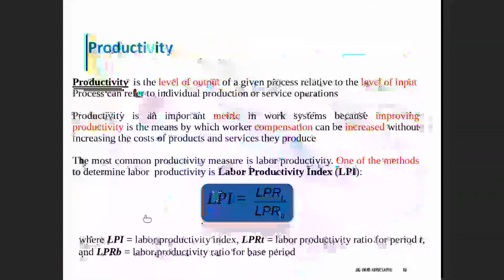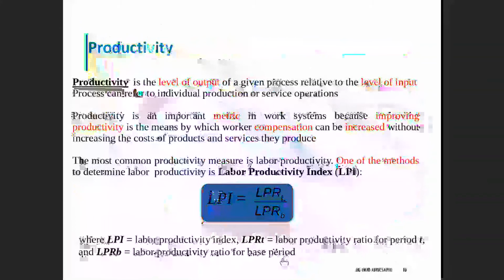LPI, Labor Productivity Index, that's what the acronym stands for. LPRT is the labor productivity ratio for period T. LPRB is the labor productivity ratio for the base period, which is the period you measure against, and usually it is a previous period. So LPRT is the ratio, the productivity rate, for let's say 2021.